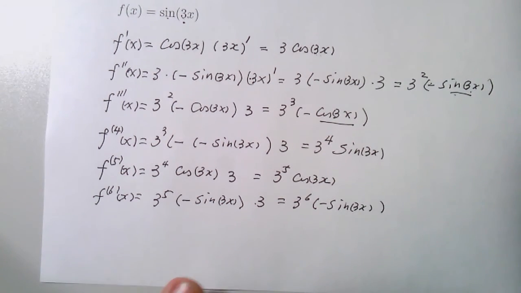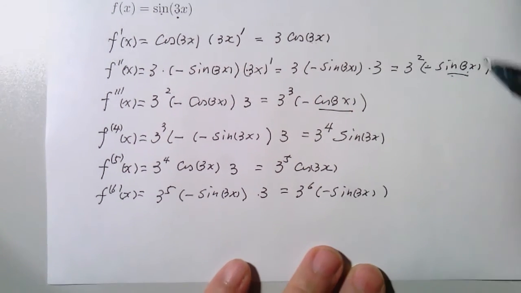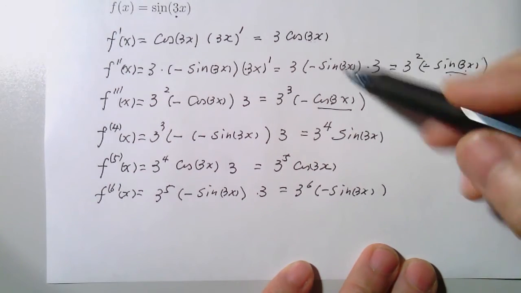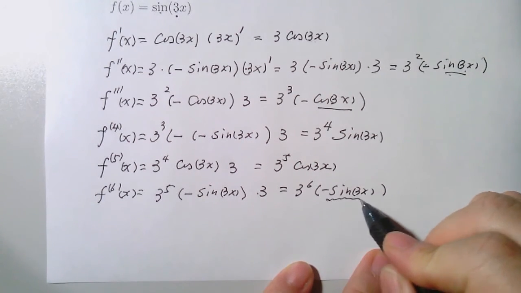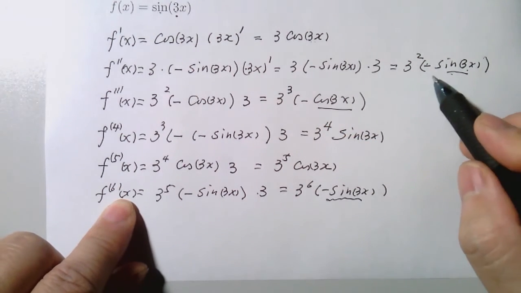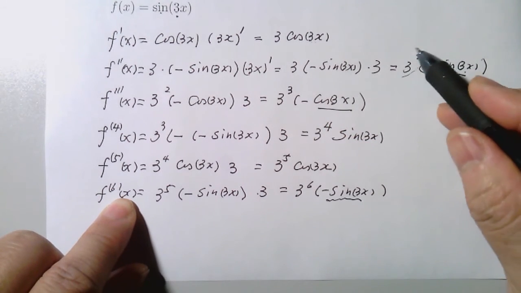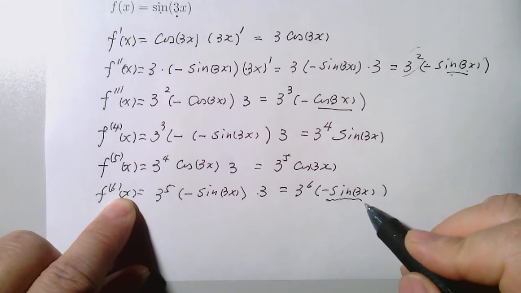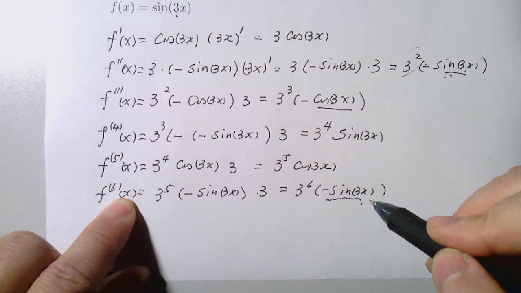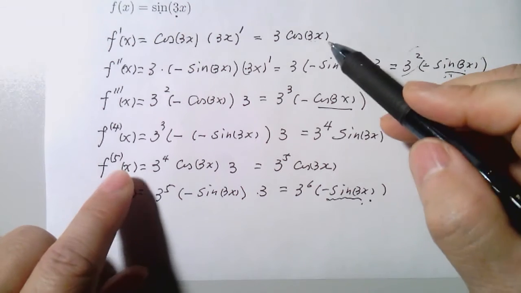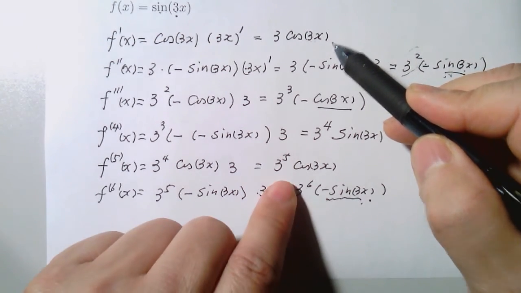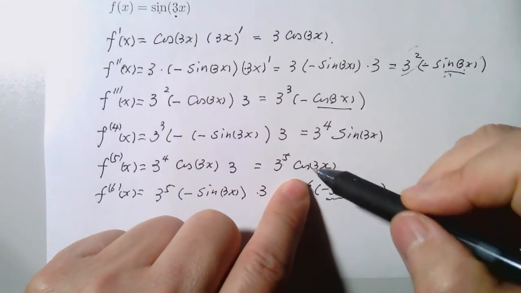Okay, so let's check the pattern now. You can see the second derivative and the sixth derivative differ in the coefficient, but the function part is actually the same. The first derivative and the fifth derivative, besides the coefficient, have the same function part.